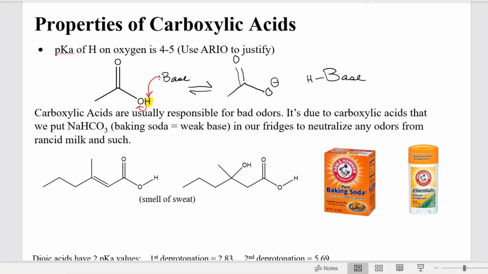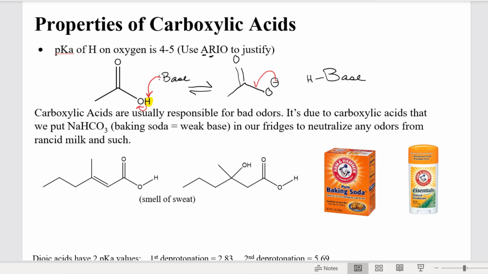How do we know this? Well, because the negative charge left behind, I can use REO to determine its relative stability. What atom is it? Well, it's an oxygen. Oxygens are fairly electronegative, so that's boding well. We have resonance, right?